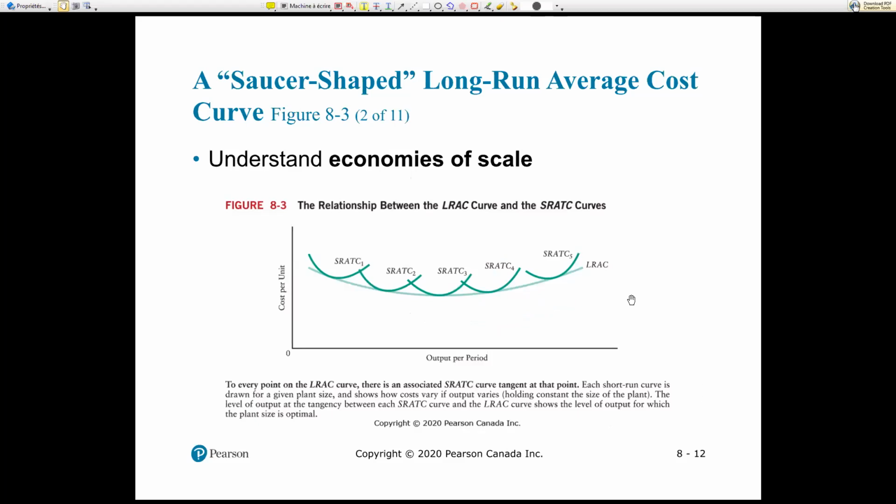So I'm going to discuss this long-run average cost curve here. Why does it have the shape it does? Because there are, as always, assumptions behind what we're saying. First of all, we assume that it's decreasing here. And what does that reflect? It reflects economies of scale.